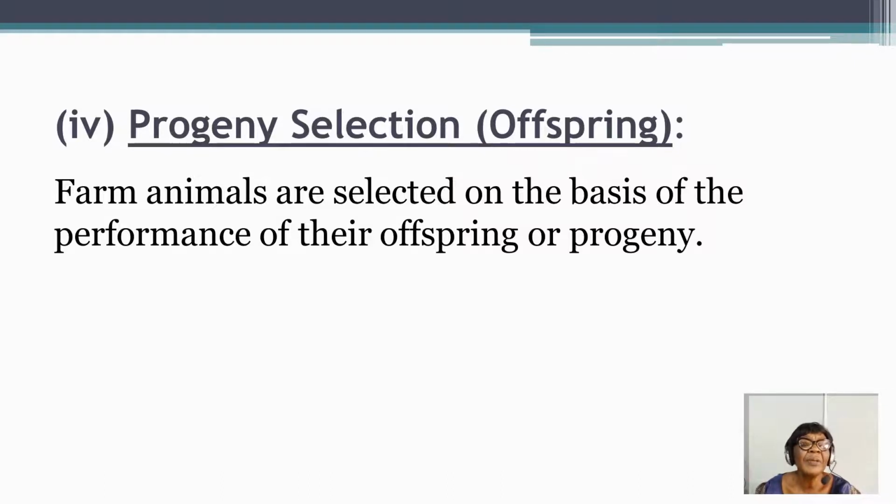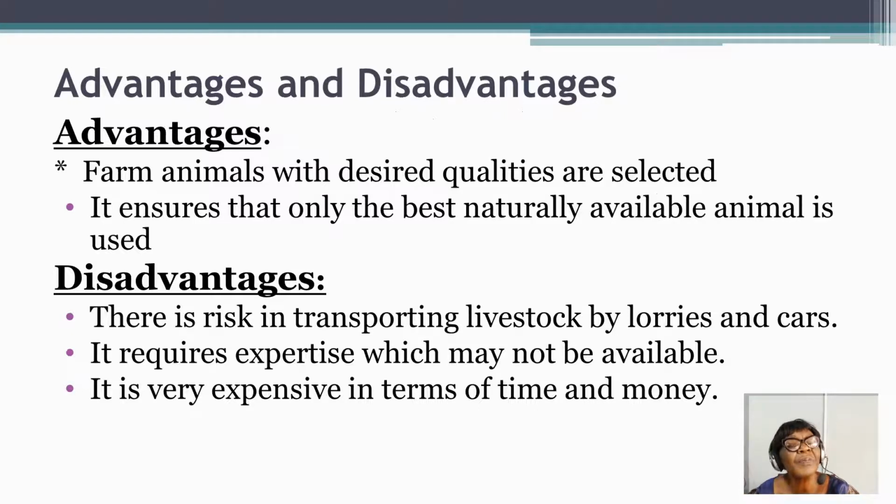Yes, the baby, the children of the animals. So, farm animals are selected on the basis of the performance of their offspring or progeny. So, these are the ways of selecting animals.